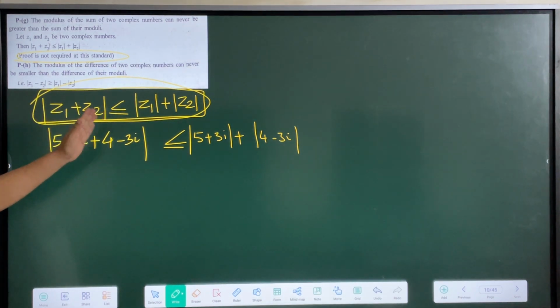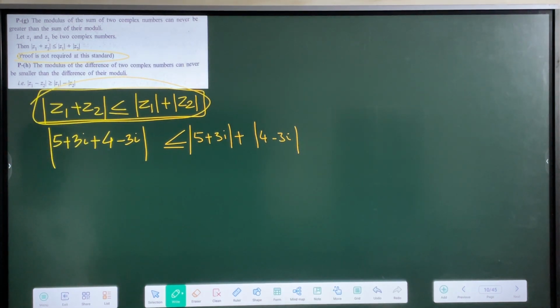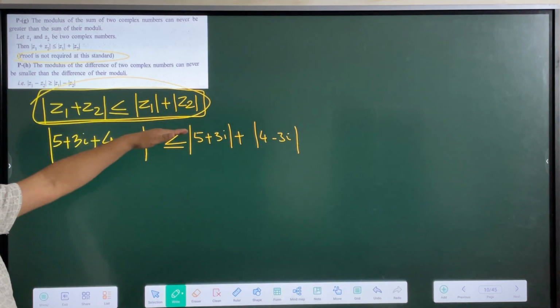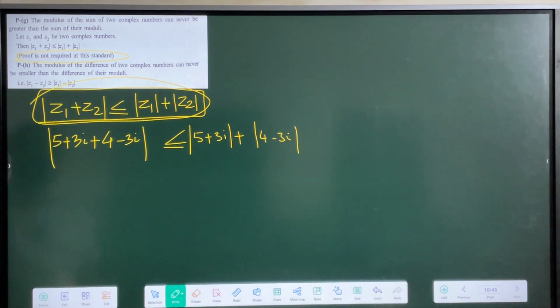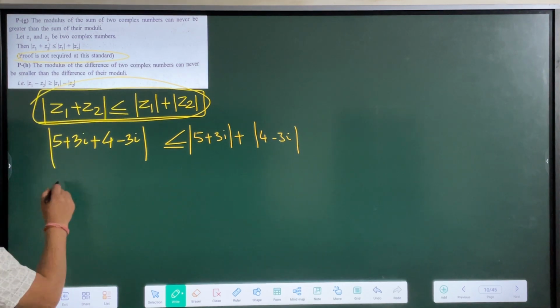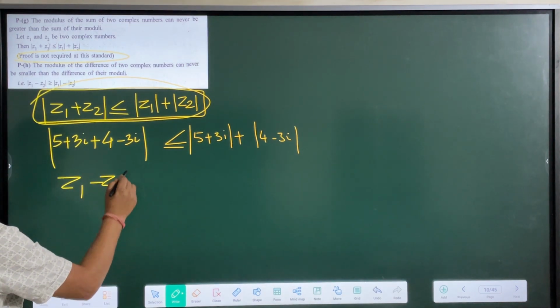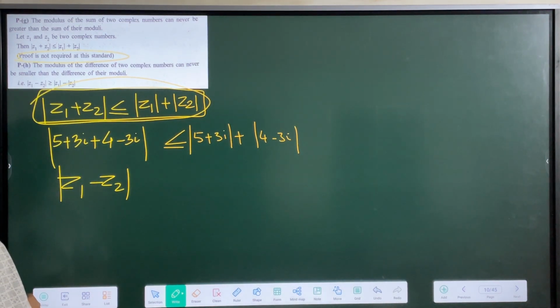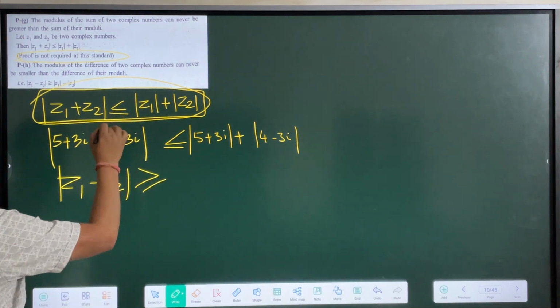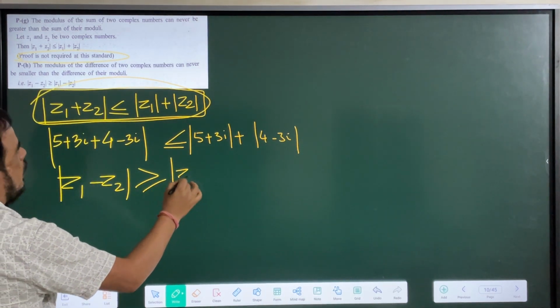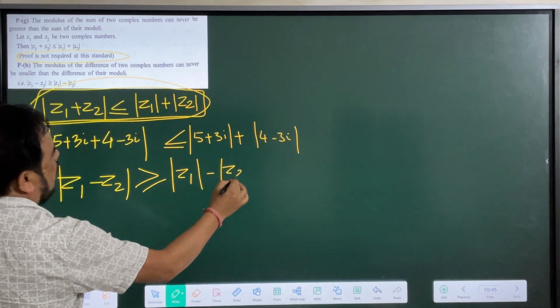So this side will always be bigger, this will always be smaller. If it is negative, it will be opposite. For mod of Z1 minus Z2, it is opposite: smaller becomes greater.